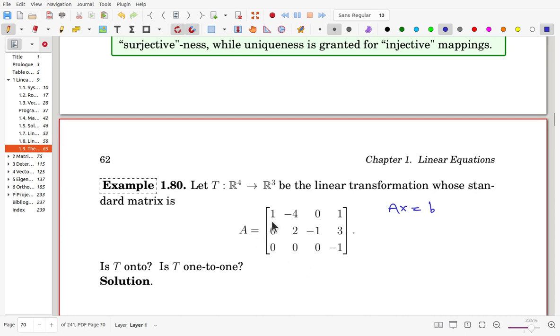Okay, for this matrix, now we'll check pivot positions. This is a pivot. Again, this is a pivot. Again, this is a pivot.